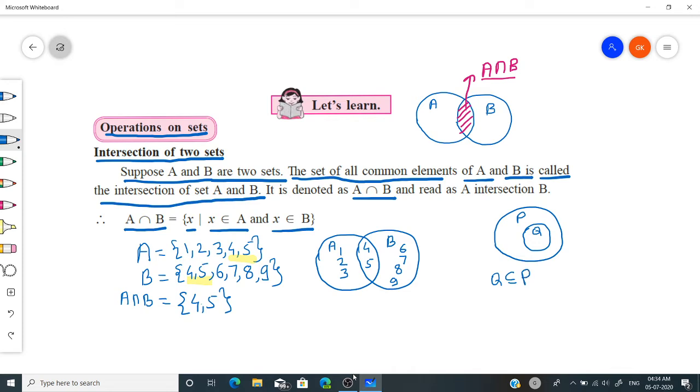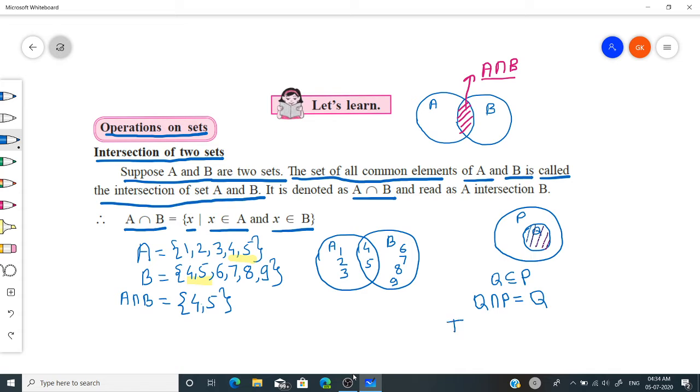In this situation, I want to write Q intersection P. Then tell me which elements are common in P and Q. We get the elements which are present in Q. Therefore, we can write here Q intersection P is equal to Q. And this is our property of intersection.